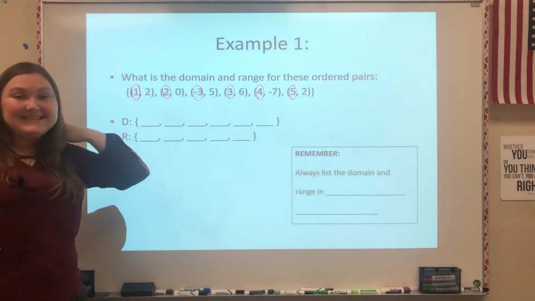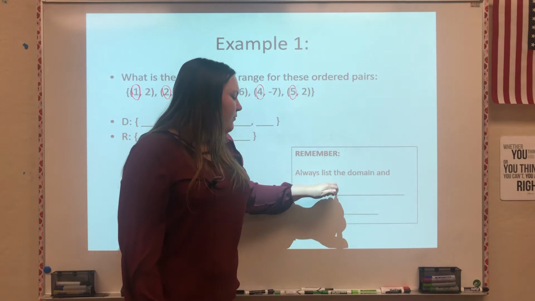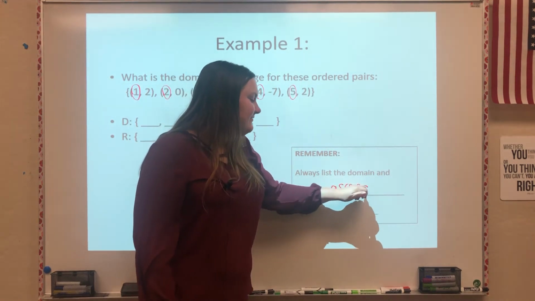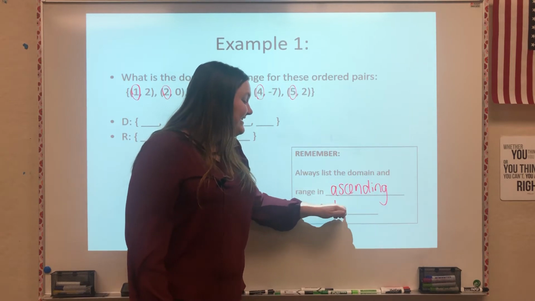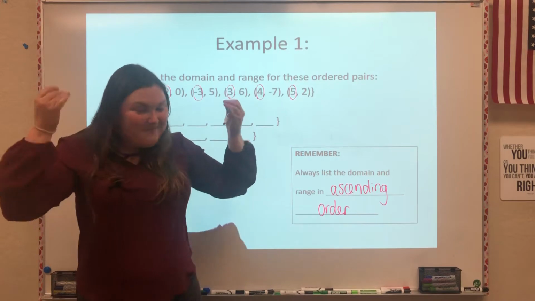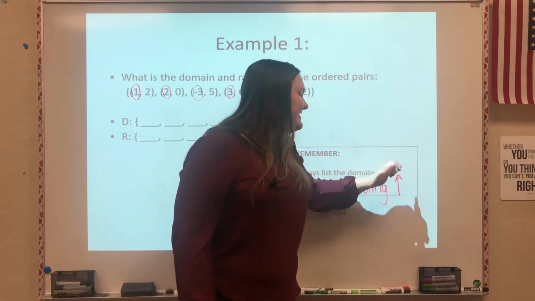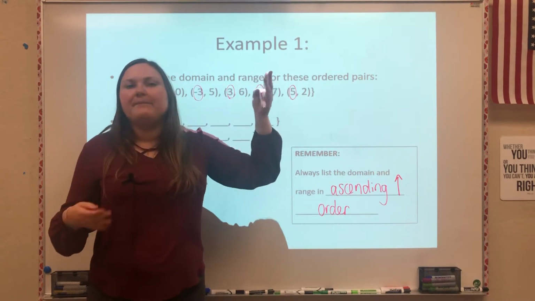When you write sets of numbers, traditionally you write them in what we call ascending order. Ascend is just a fancy word for going up. So when we say ascending order, we mean start with the smallest number and go bigger.